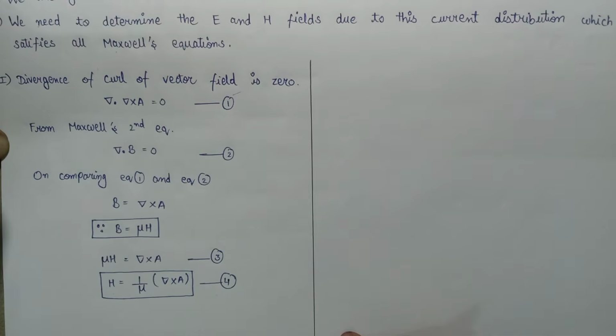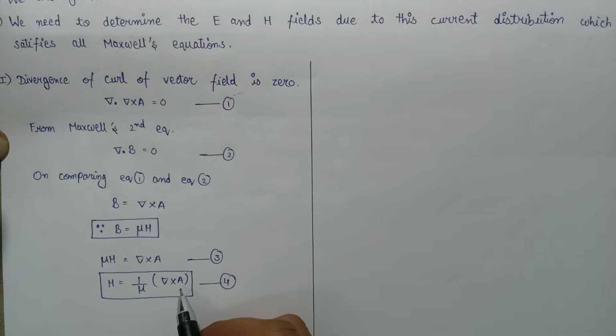If we talk about this A, then this A represents the magnetic vector potential. So this A is nothing but the magnetic vector potential.